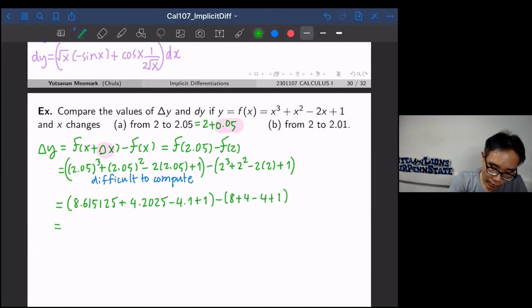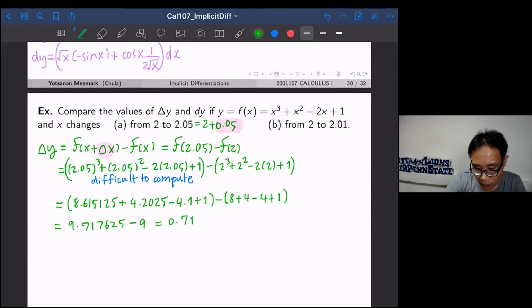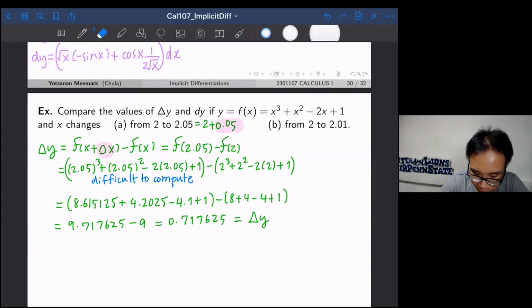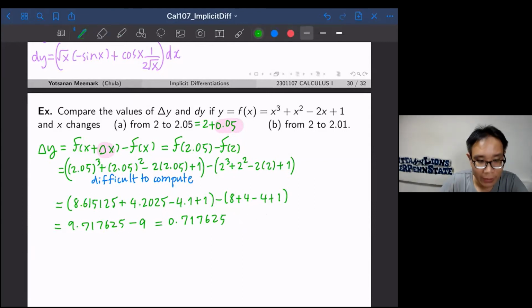So you would get 9.717625 minus 9, which is 0.717625. This gives you delta y. I don't need to write delta y again, because I already have it. Sorry. So what about dy?